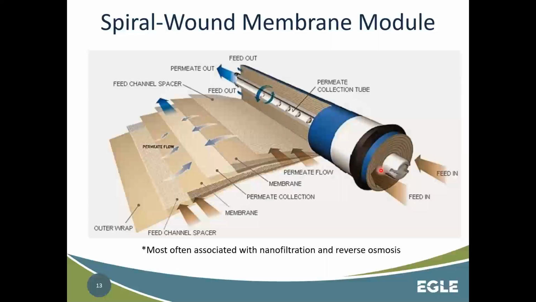And then the only way for that water to get out is to squeeze its way through the face of this sheet where it can get to the other side. And that's where the permeate collection is. That would be the clean water. And so that's how these ones work.